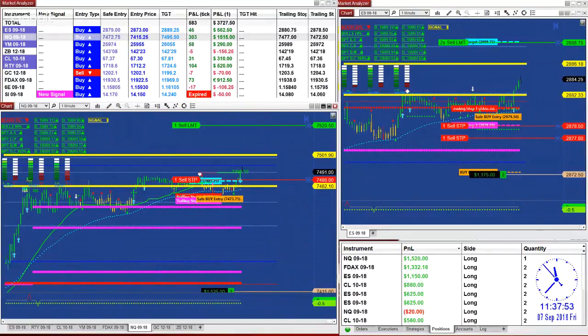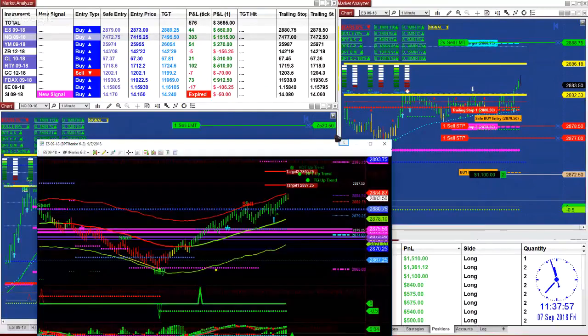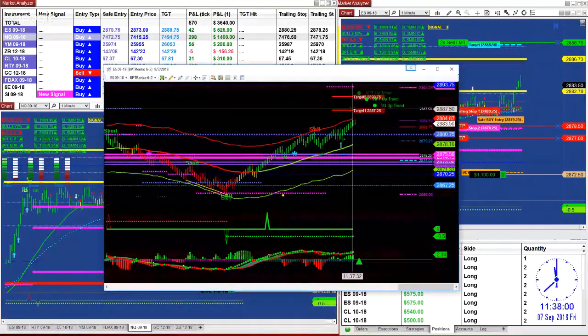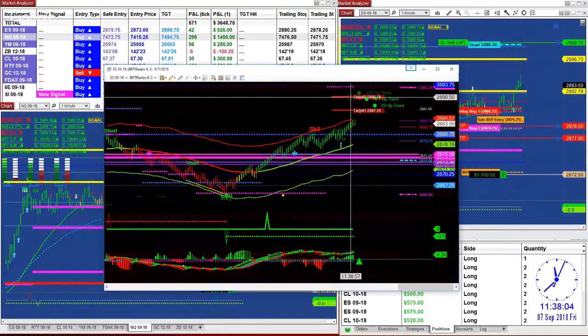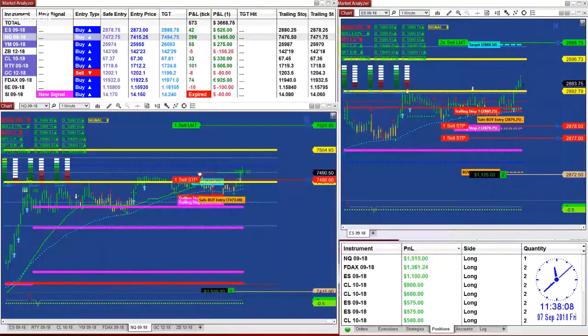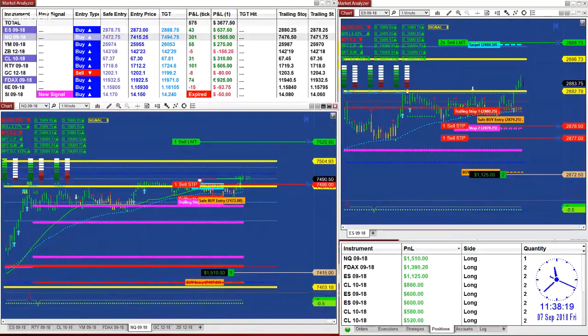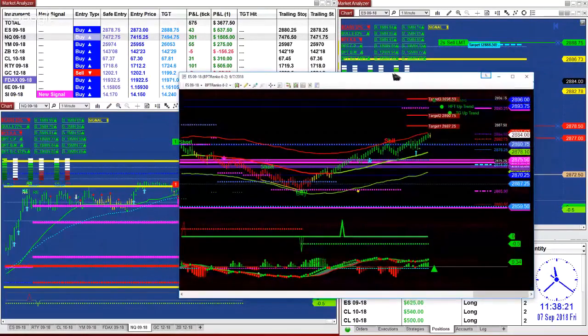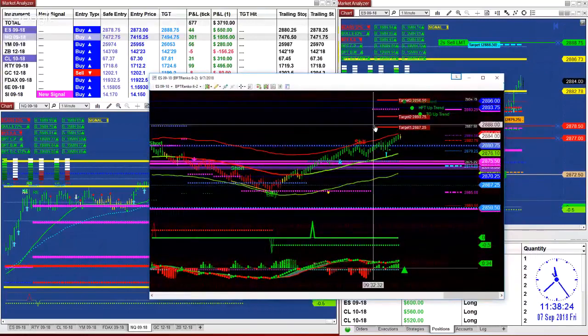It's 11:37. And it's 87.25, the first target, and the second target. I don't want anyone to tell me what happened today. I want somebody to tell me what is going to happen. Any trader can see what happened.